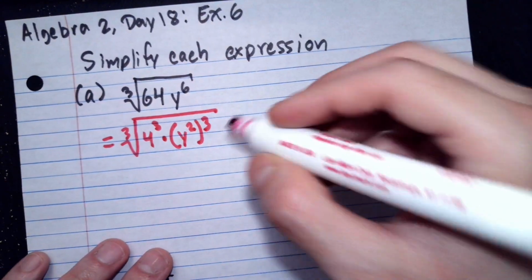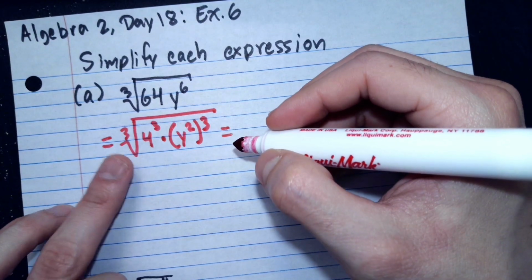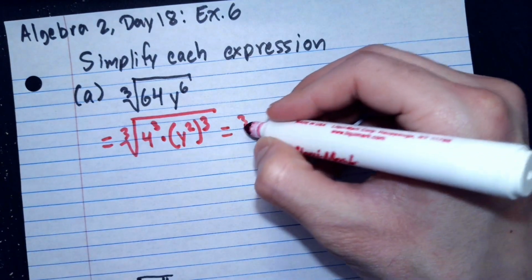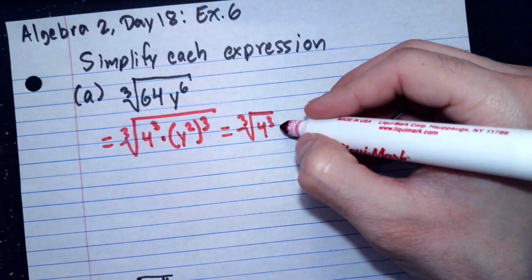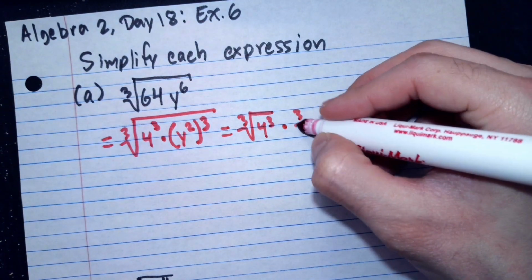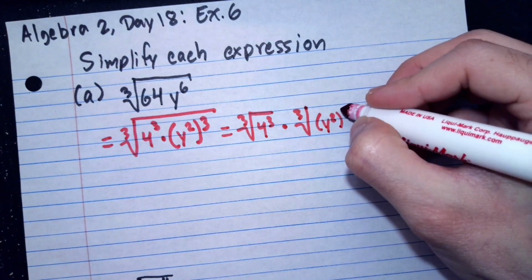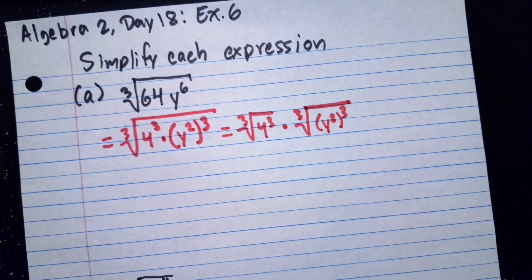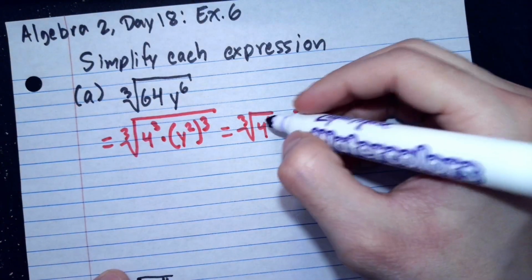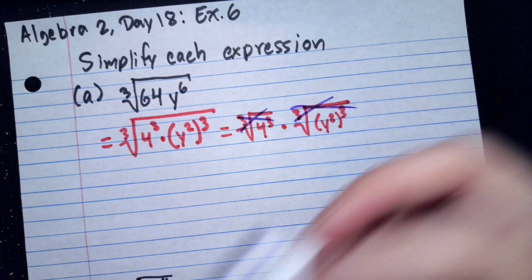Well, now that I have both of these third powers, I can actually use my properties of the radicals and separate these like this, times the cube root of y squared to the third power. And then we have to remember that a third power and the cube root cancel each other out.